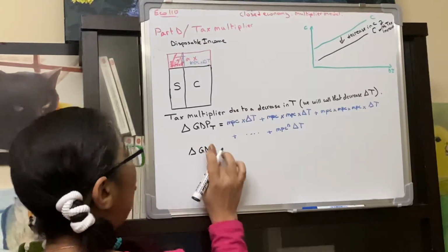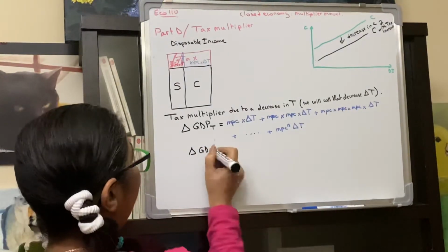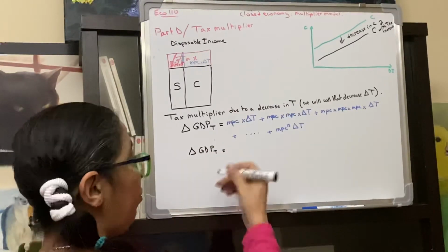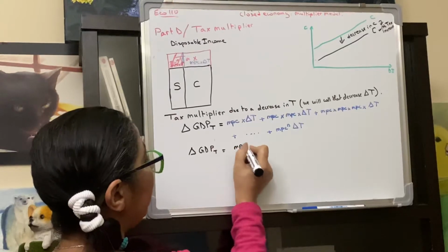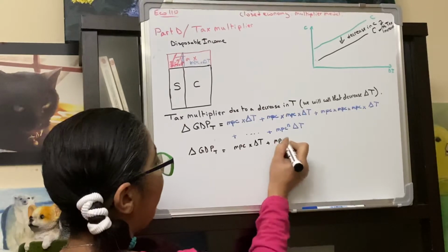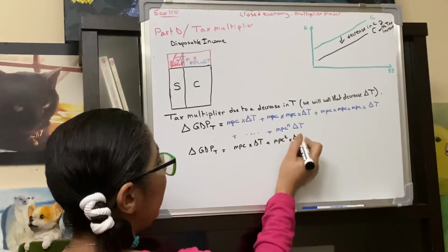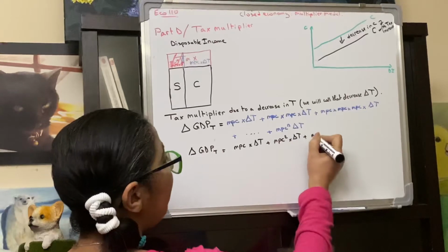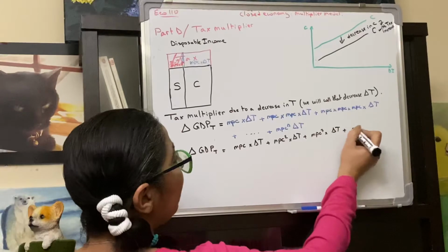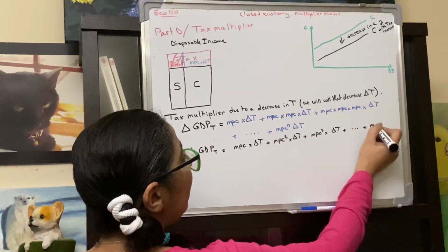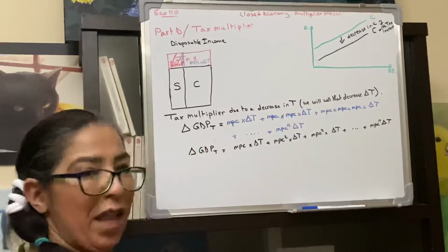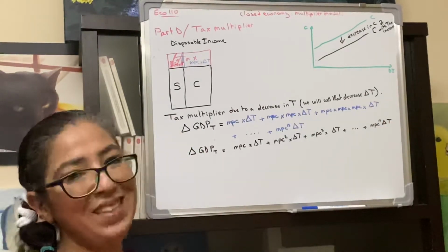is equal, I'm going to rewrite it, MPC times delta T plus MPC squared times delta T plus MPC cubed times delta T plus MPC to the power n times delta T. Now we're going to put delta T in common.